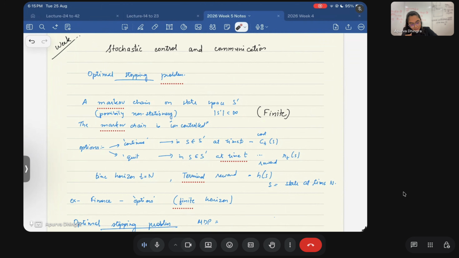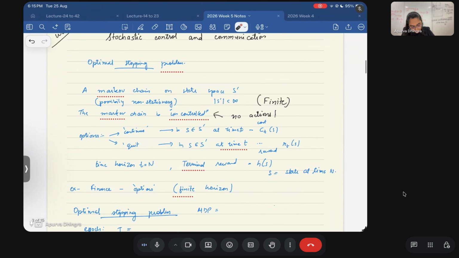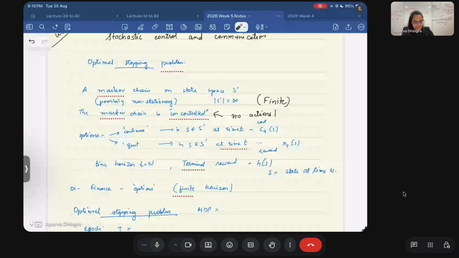There is one more Markov chain that is uncontrolled. Uncontrolled just means there are no actions to be taken. In the chain S dash, some actions are available. Those two actions are to continue or to quit, as in whether to let the process continue or to stop it.